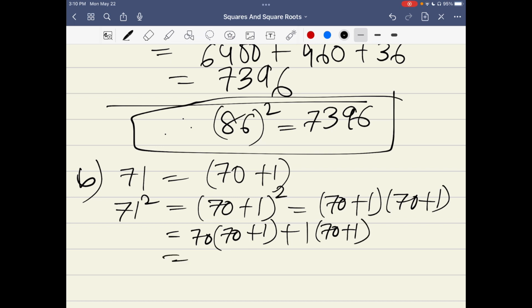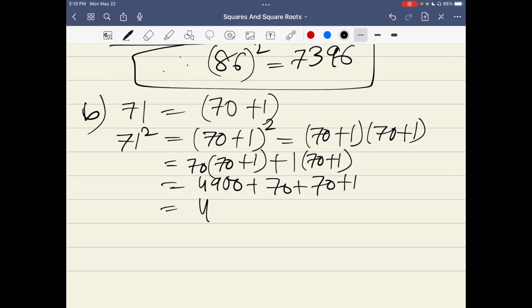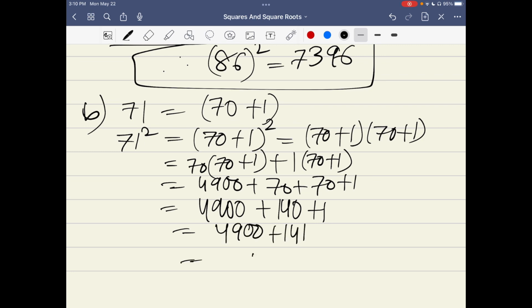Which is what? 4,900 plus 70 plus 70 plus 1, which equals 4,900 plus 140 plus 1, which is 4,900 plus 141, which is 5041.